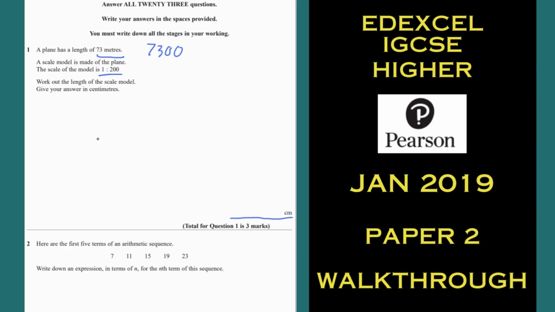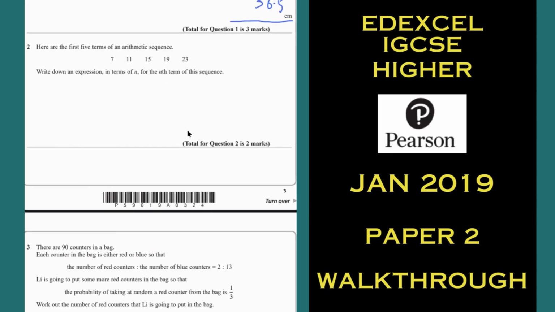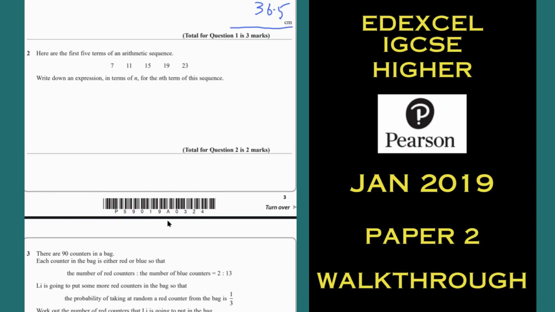We are going from real life and we are going into scale. So it's divide by 200. Grab your calcs. It's 36.5 centimeters.